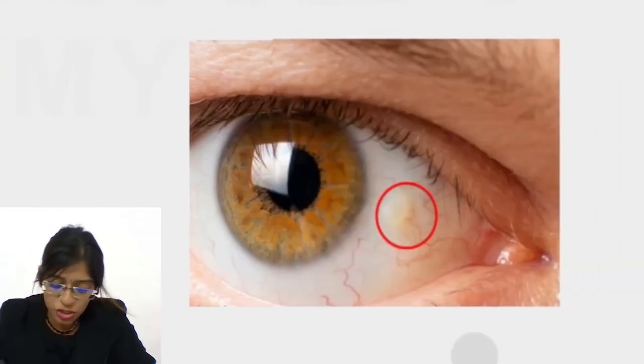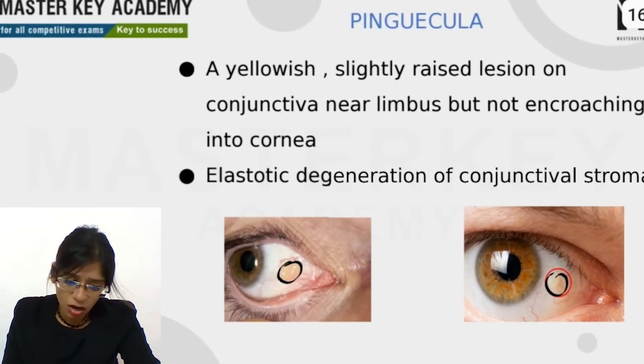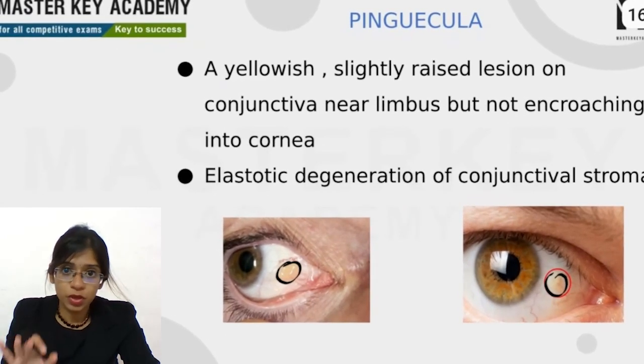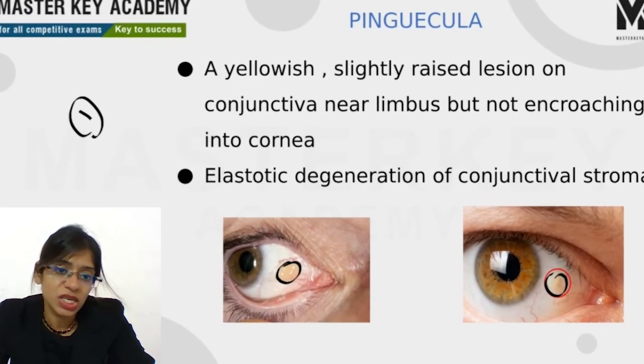Do you want to see another picture? Okay, look here, this is another picture. If they ask you why it occurs, the etiology is the same, overexposure to ultraviolet radiation. And of course dry and dusty climate are also risk factors for pinguecula.